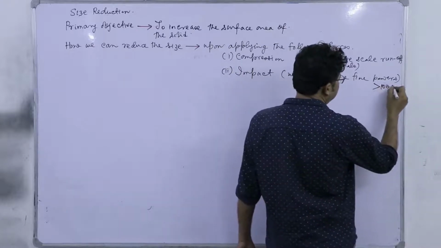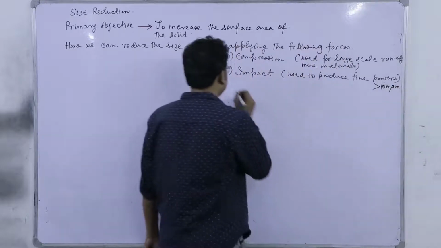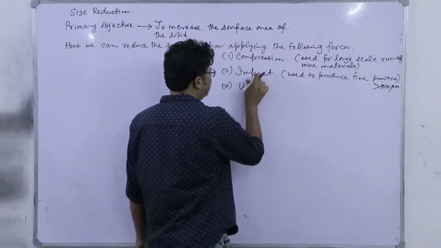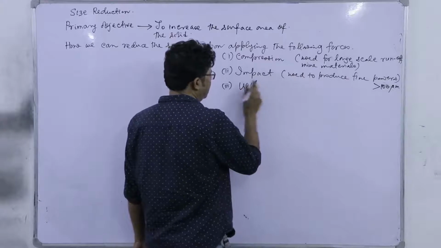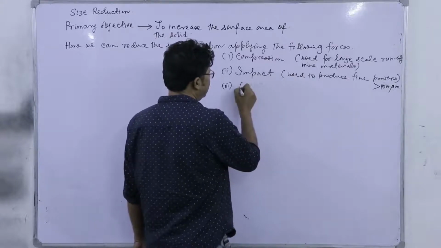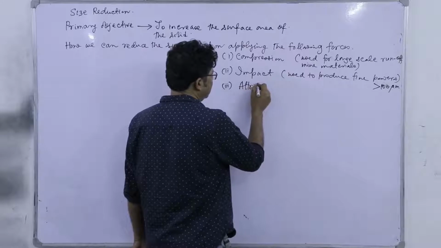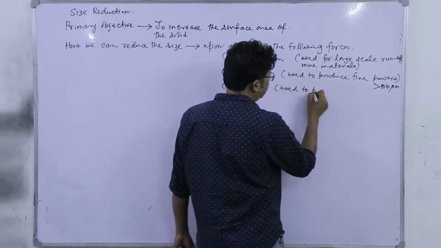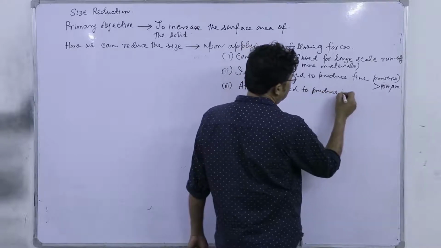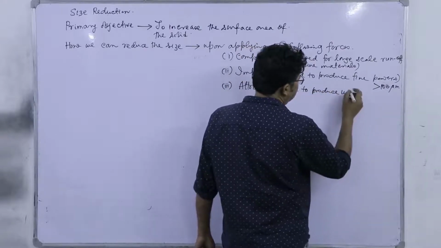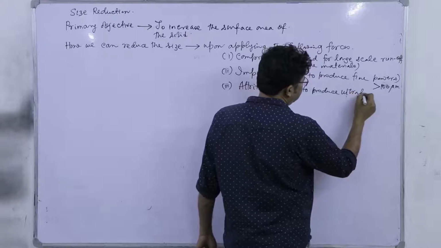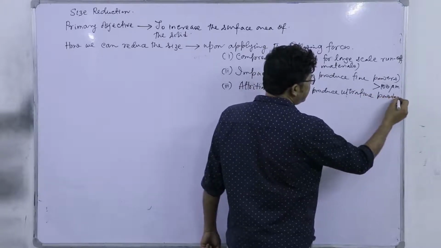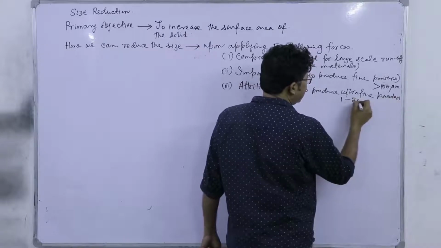Third, attrition, used in ultra fine grinders to produce ultra fine powders, maybe 1 to 50 micron size.